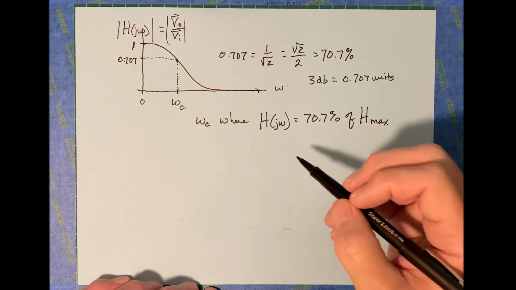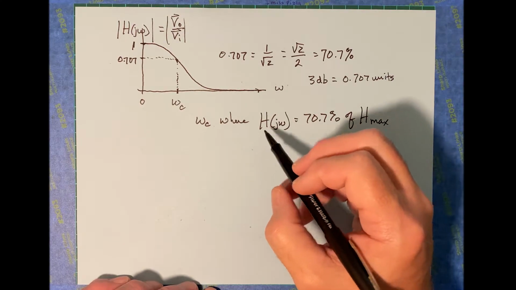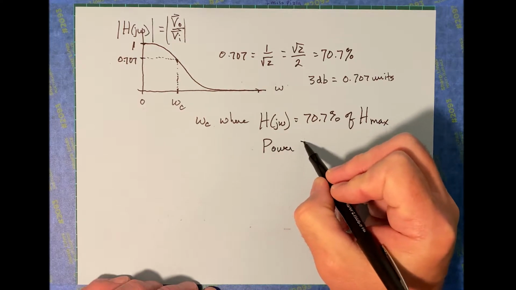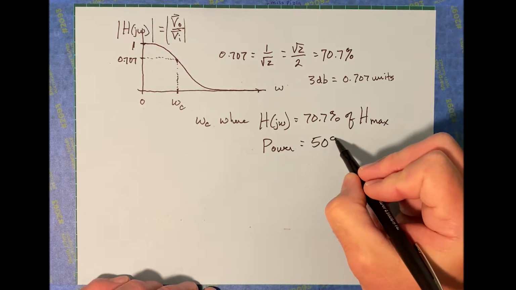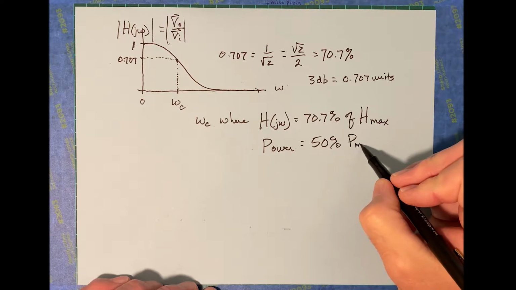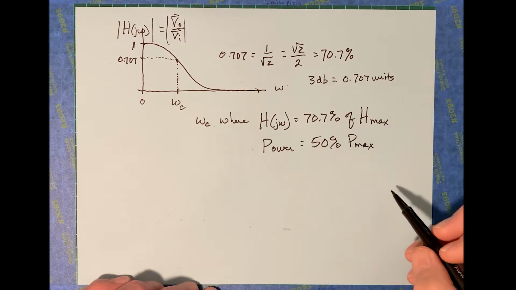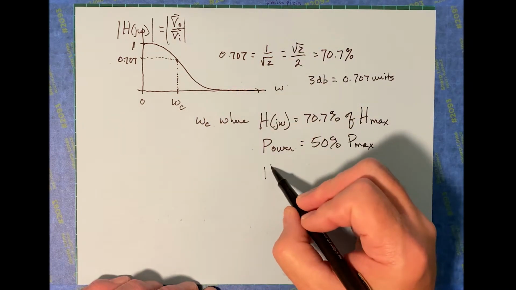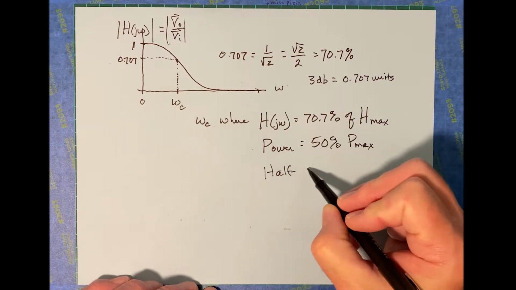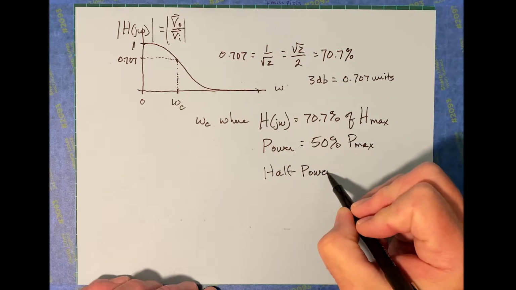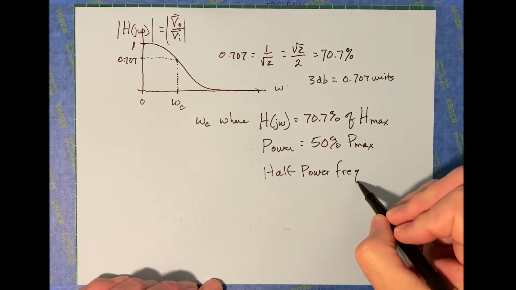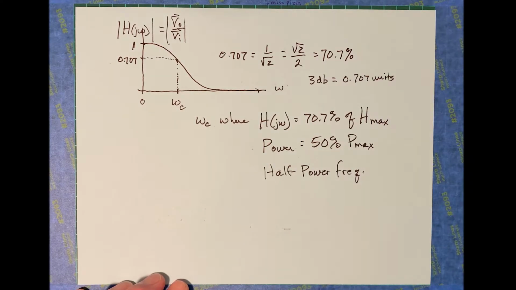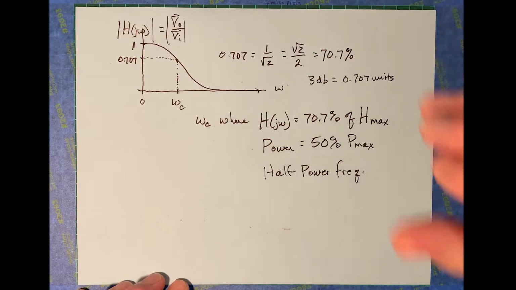It also turns out that that is the point where power is 50% of whatever the maximum power is. So sometimes that point is called the half power frequency. So the cutoff, omega sub c, is the half power frequency where the cutoff occurs.